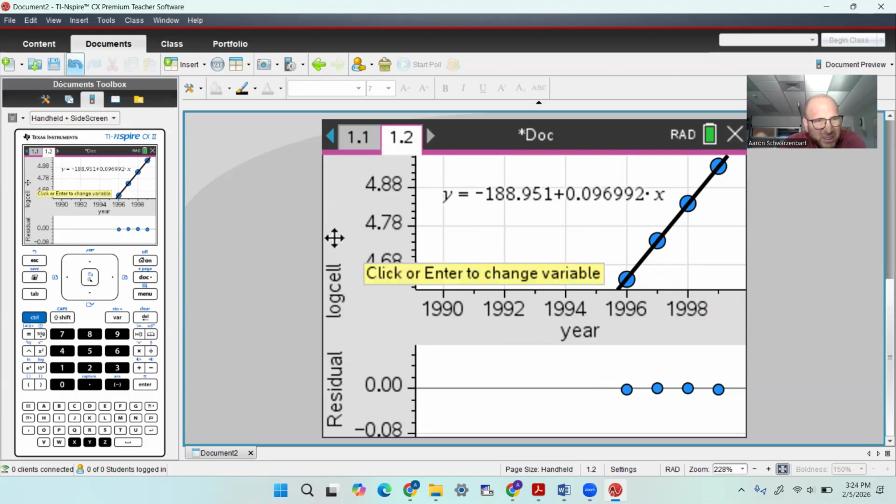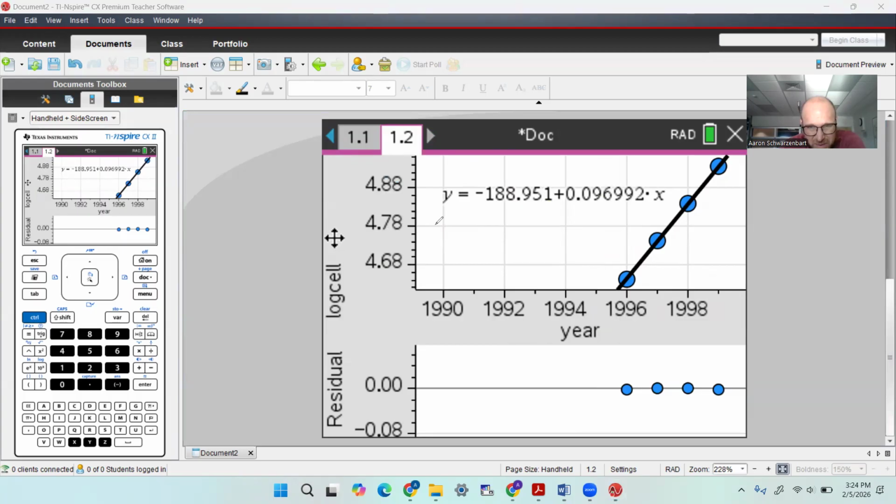I have an equation for log y equals negative 188.95 plus 0.0969 x. I'm going to keep that many digits.